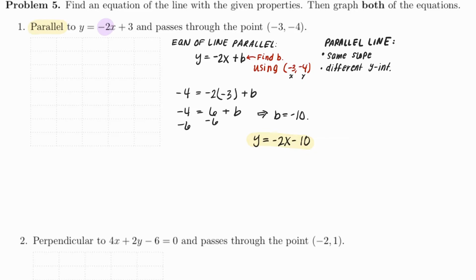And let's graph these things now. So I'm going to graph this as blue and the original one as orange, maybe? So using these lines, I've tried to give you a grid here. Let's see. I'll draw some axes.